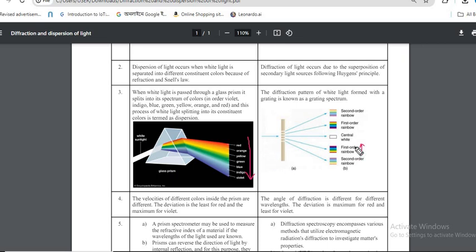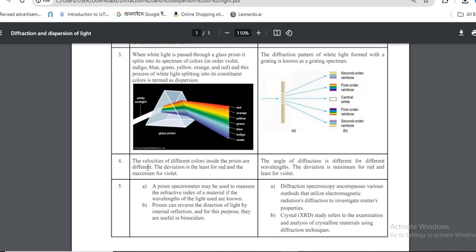So obviously they are in reverse order. Now, the fourth point: the velocity of different colors inside the prism is different. The deviation is least for red and maximum for violet. So obviously the red will be at the top and violet at the bottom.